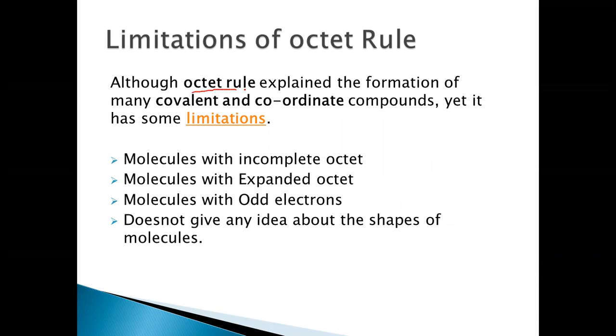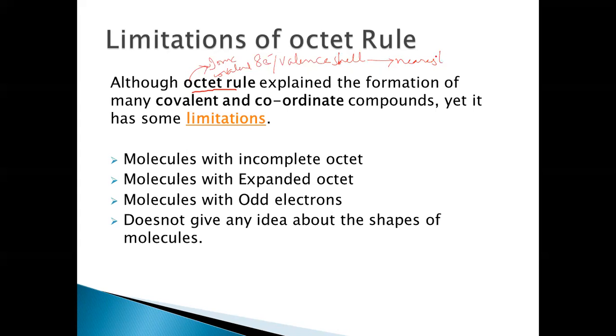This octet rule says that molecules or atoms try to attain stability by means of ionic or covalent bonds, by attaining 8 electrons in the outermost shell, that is the valence shell, by sharing or by transfer of electrons from one atom to another. By attaining these 8 electrons in the outermost shell, it tries to attain the nearest noble gas configuration.